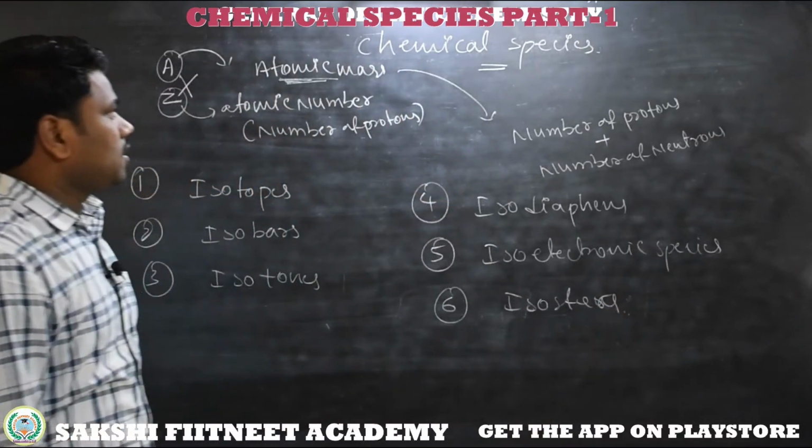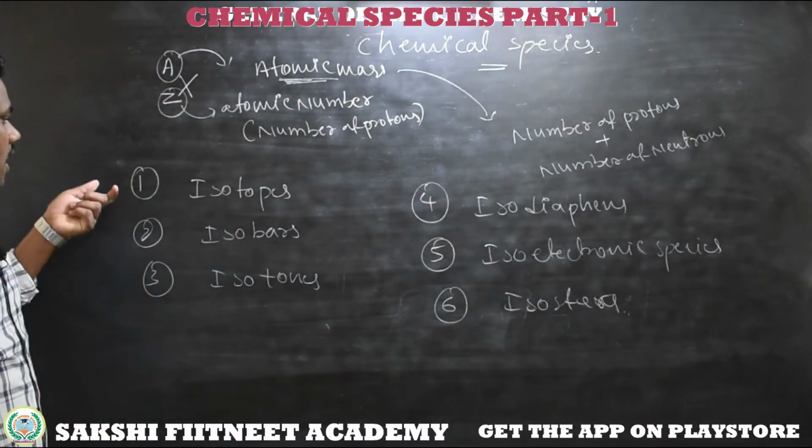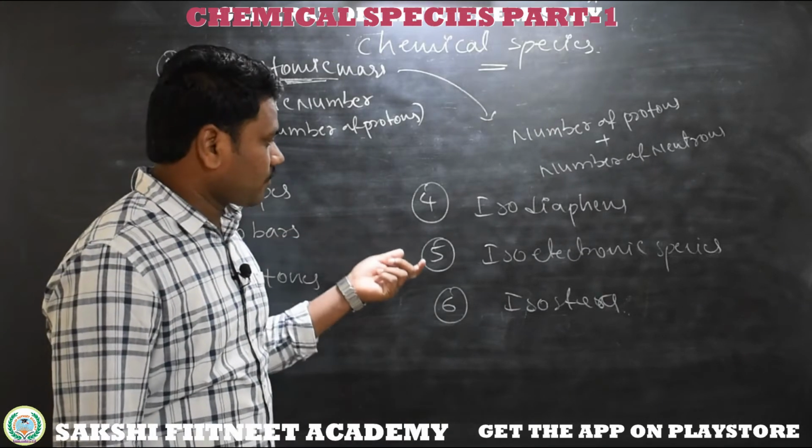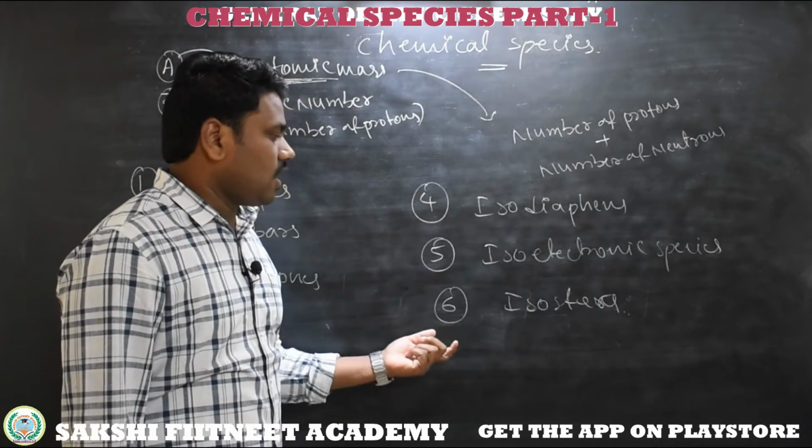So these are the types of chemical species: isotopes, isobars, isotones, isodiaphers, isoelectronic species, and isosters.